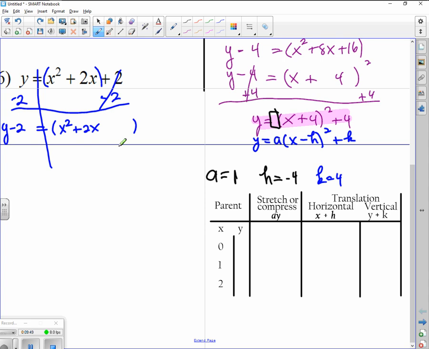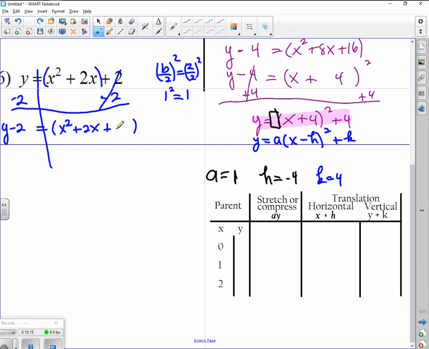Okay, remember to find this number, I'm going to take that divided by 2 and square it. For this problem, the b is 2. So I have (2 divided by 2) quantity squared. 2 divided by 2 will give you 1 squared, and 1 squared is equal to 1.